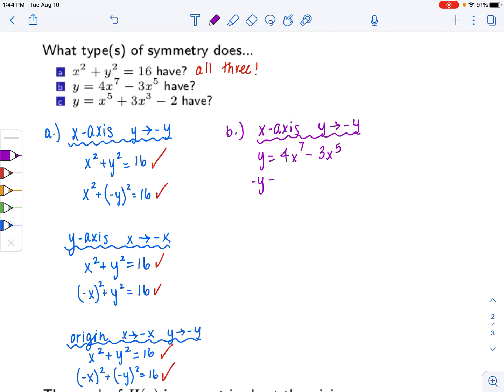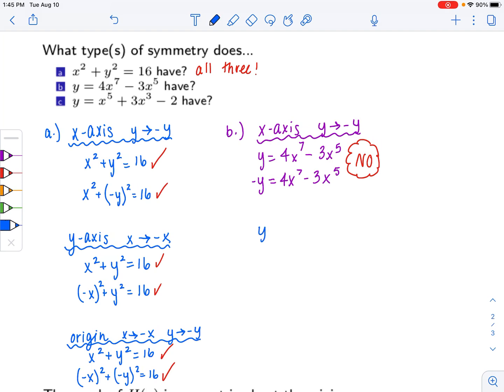So if this became a negative y, are these two equations the same? Well, no, because this side is exactly the same here, but then one of these is negative. So it is not x-axis symmetry, because those equations are not the same.